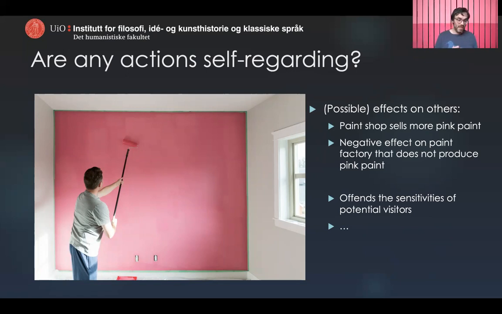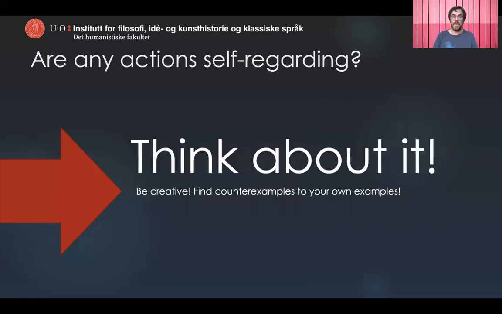If that would make the action into something where the state has authority to interfere with your freedom, to limit your freedom to paint your apartment whatever color you like, there would be a very, very limited sphere of individual liberty.